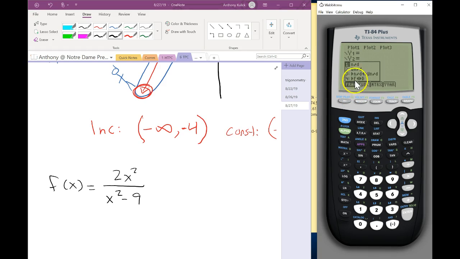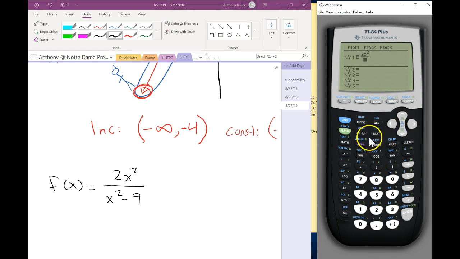The fraction command we want to use in this case is the numerator over denominator. Alpha and then y equals opens the fractions menu. And then I pick the numerator over denominator option, which is the first one. And it'll give you a little fraction bar, and now we can just type it in exactly as it's written.